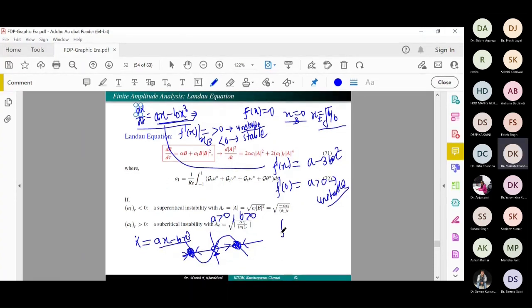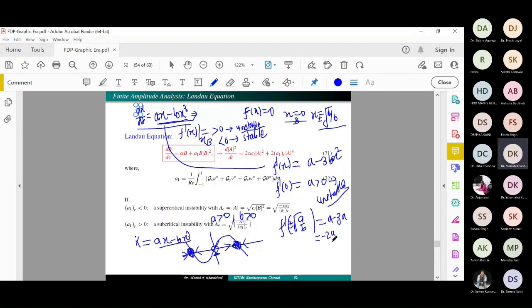Similarly, we apply f dash at x equal to square root of a by b. We can check both plus and minus because of the square. Then we put here a minus 3b times a by b, the b cancels, giving 3a, and that is nothing but minus 2a.